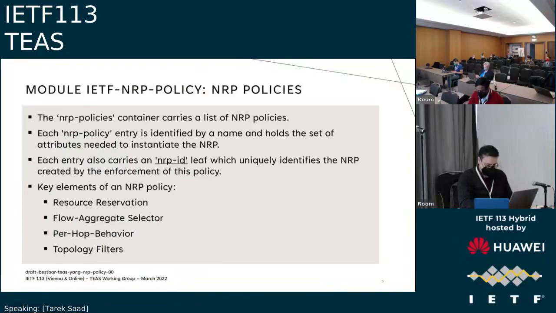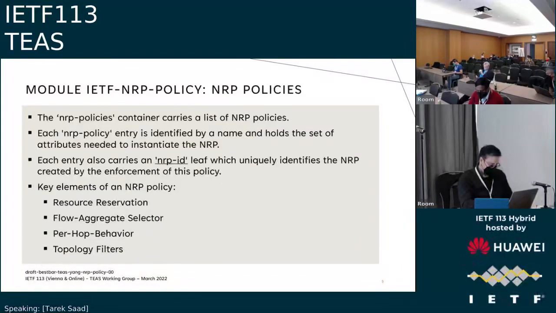So I mentioned the list has an entry which has a name and an ID, and then there are these key elements. Resource reservation will manage the reservations on this link in the control plane, and then we have a flow aggregate selector that can be carried inside the packet, and then it allows nodes along the path to identify those packets and then associate them with the NRP.